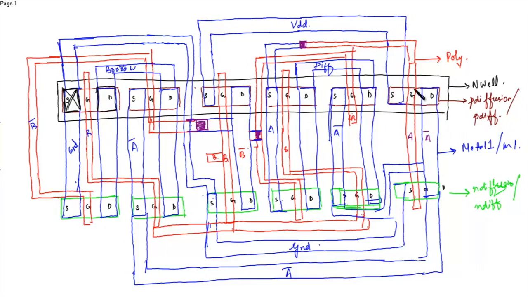So total 6 into 2, 12 contacts. So here you have to place the contacts. This is the P diffusion contact, or the PDC contact.